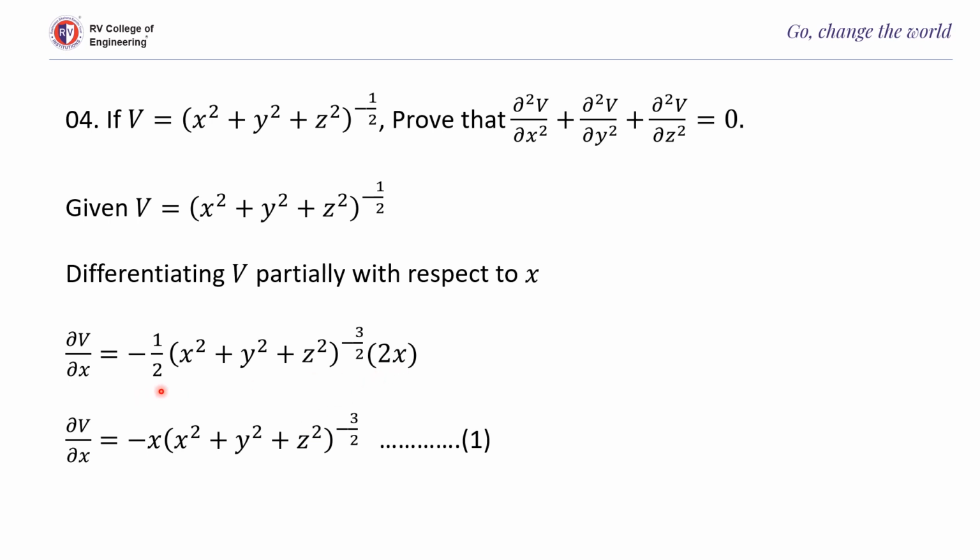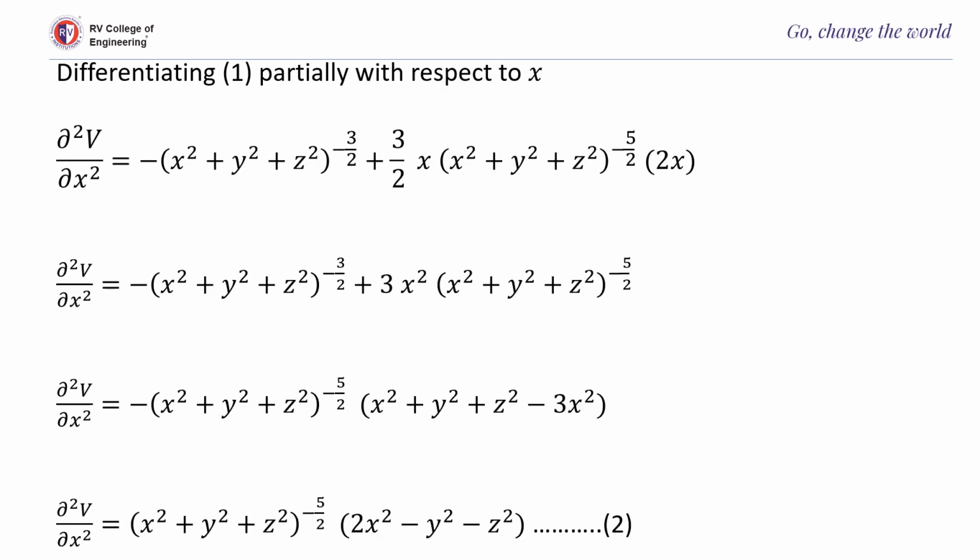Here 2 and 2 get cancelled. Therefore you get −x times (x² + y² + z²) raised to the power −3/2. This is the first order derivative that you get.